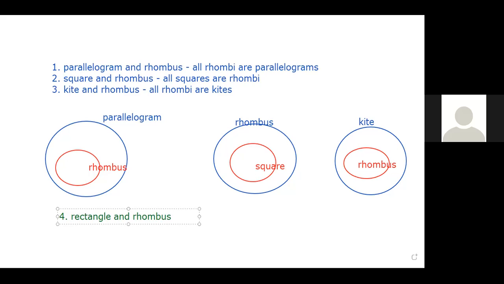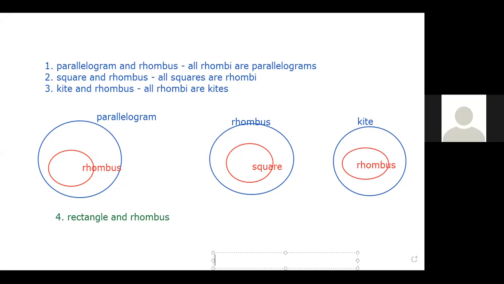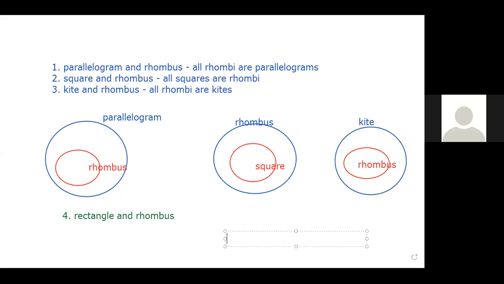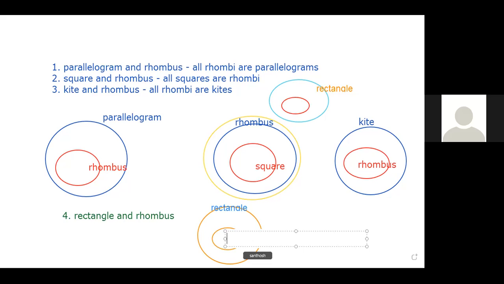I'm asking you to scribble on the screen. Okay, good. Are you sure that is the case? Is it like one nested completely inside the other?